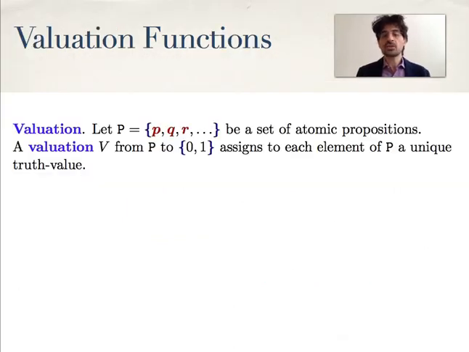The first step is to create a valuation function. This is typically denoted with the uppercase letter V, so the valuation function V. And this is a function that assigns every atomic proposition, P, Q, and R, a truth value that can be 0 or 1.